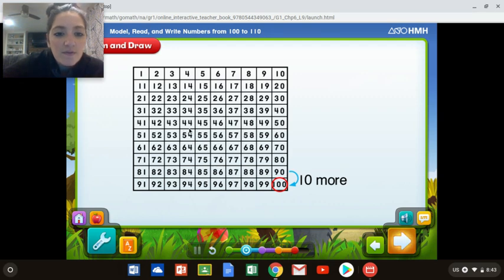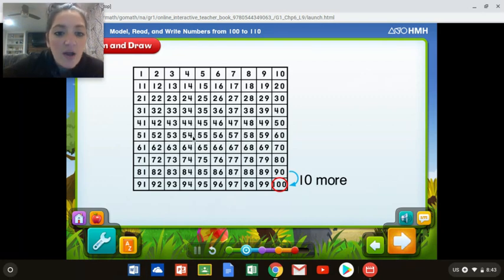So what is 10 less than 54? 10 less than 54 would be 44 because you're getting rid of 10. So the 10's place is going to change, but the 1's place is not.